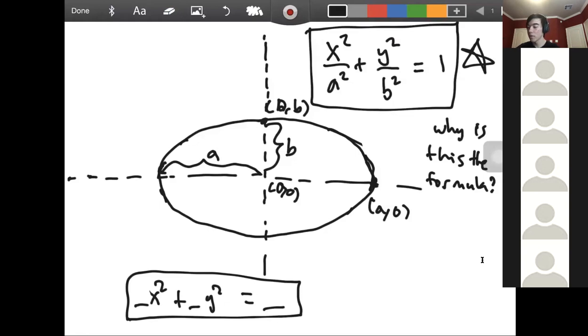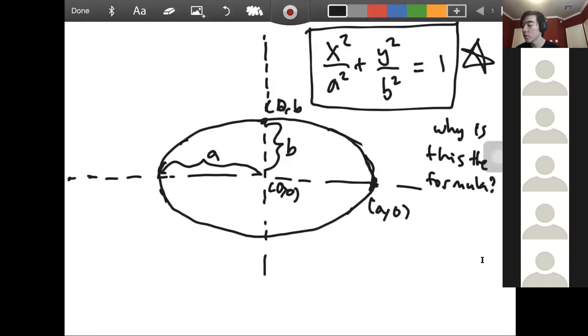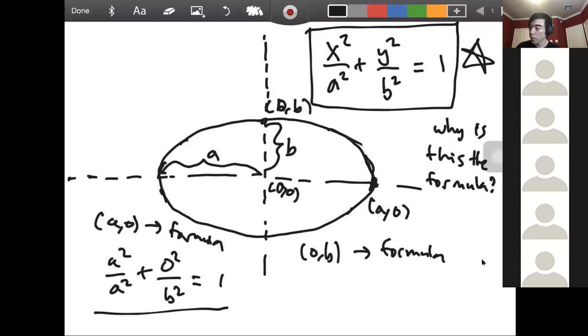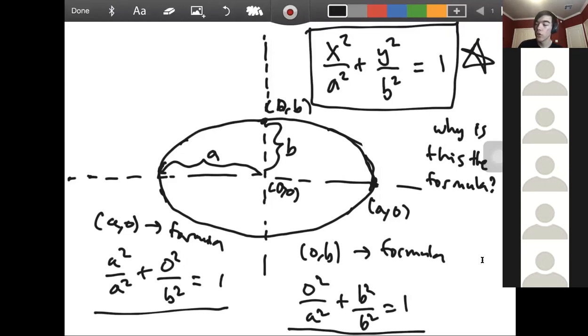I think it's easier to explain this way: if you plug (a, 0) into the formula, you have a squared over a squared plus 0 squared over b squared, which is clearly 1. If you plug (0, b) into the formula, you get 0 squared over a squared plus b squared over b squared equals 1, which is true. So you don't have to remember the formula. You should just remember how to derive the formula.